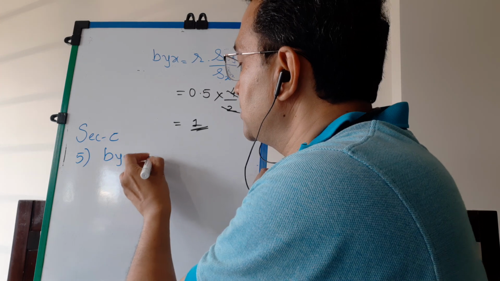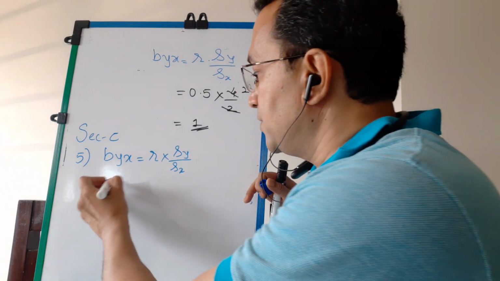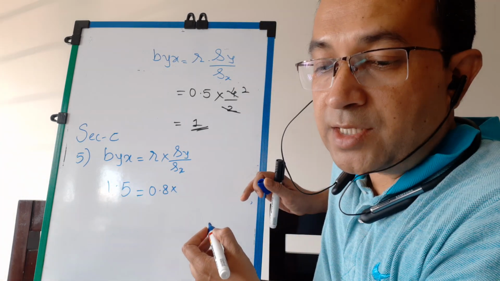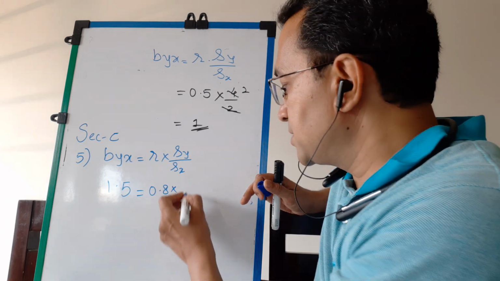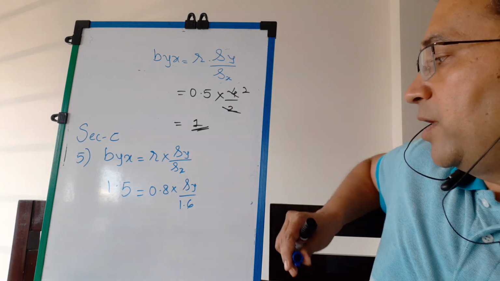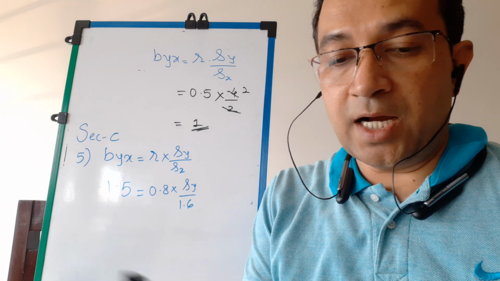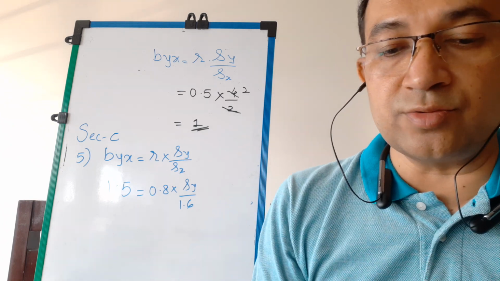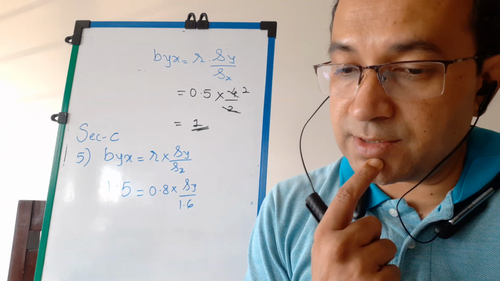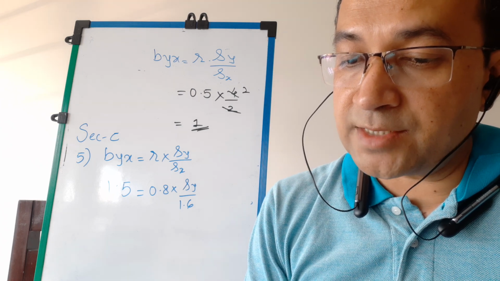byx is equal to r into sy on sx. byx is 1.5, r is equal to 0.8. Standard deviation of x is given as 1.6 and standard deviation of y we have to find out. So simplify, students. On simplifying with the help of calculator, students, the answer turns out to be sy is 3.